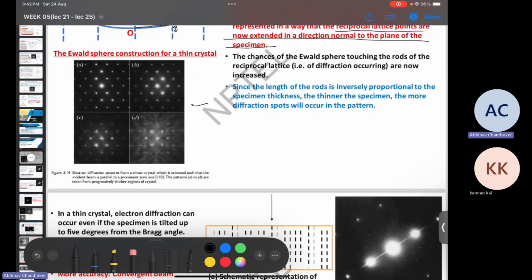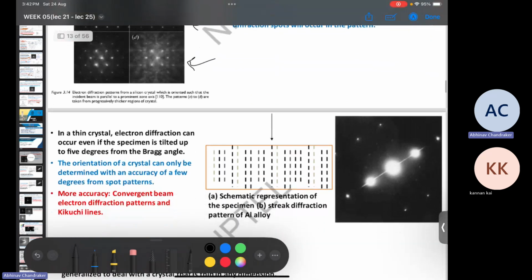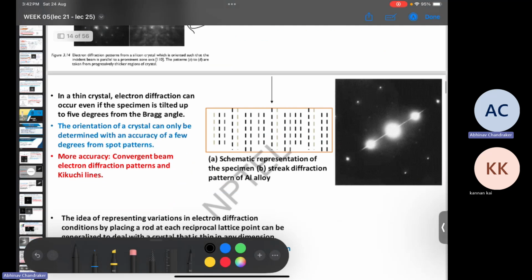In this image we can see that this is from the thinnest portion of the crystal and this is from the thickest portion. In the thinner one we can see multiple diffraction spots, while in the thicker one we see fewer diffraction spots due to this phenomenon.